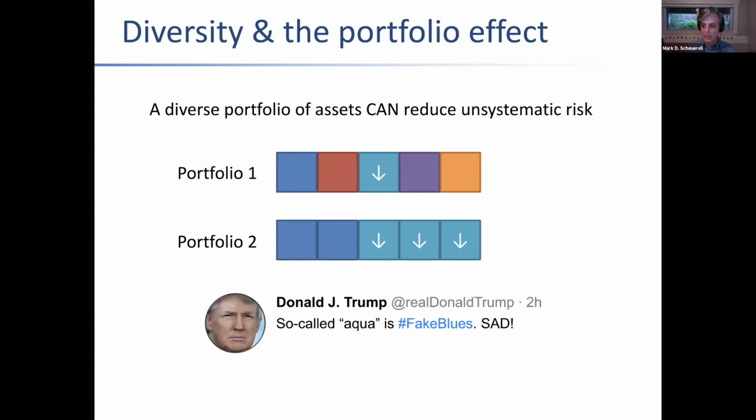And this is slightly dated, but it went over better a couple of years ago. Somebody with a lot of influence in the world says so-called aqua is fake blues. Sad. Okay, so now aqua is really tanking. But in this portfolio, that's 60% of your holdings. This one, it's only 20%. So this one is relatively well buffered from this one.